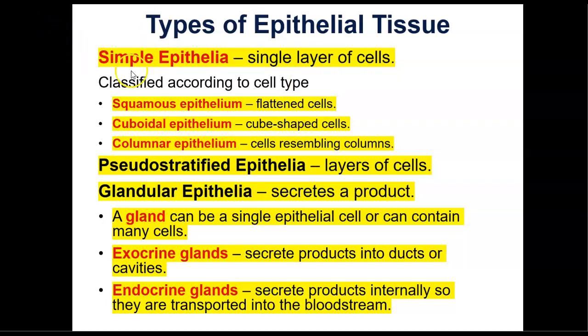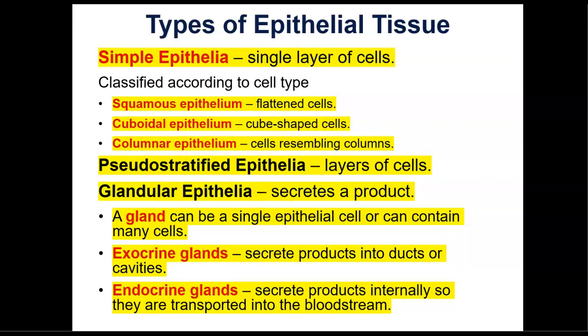If it's a single layer of cells, we call it simple. If all of those cells are flattened, we call it simple squamous. If all of those cells are cube-shaped, we call it simple cuboidal. And if all of those cells are tall, rectangular cells resembling columns, we call it simple columnar epithelial tissue.